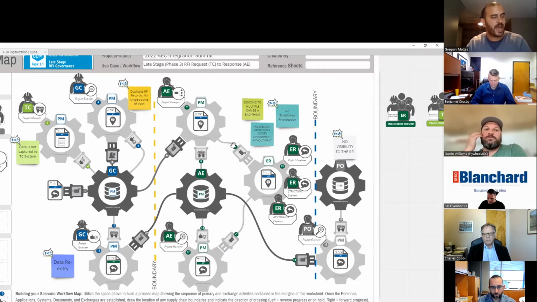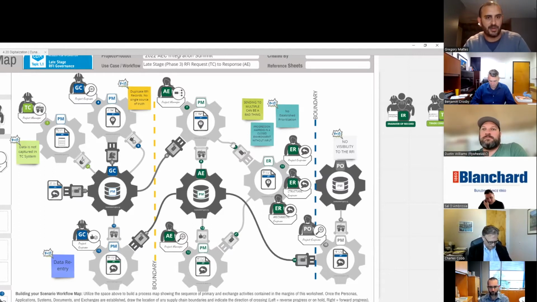And which one is the actual source of truth? This could be a problem when it comes down to really identifying what was said in the RFI, when was it submitted, when was it responded to. All these different sources of truth exist, and that's a big ball of beeswax, right? That exists all over the place in here.